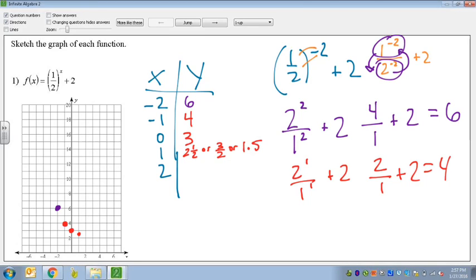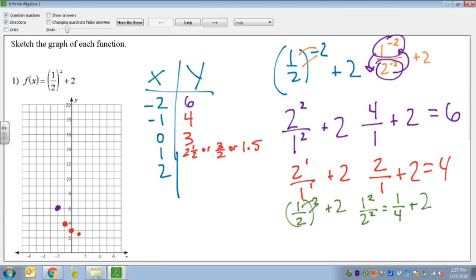And if you plug in 2, let's go ahead and do that together because, again, fractions and exponents are sometimes a little scary. All right, so we have 1/2 to the 2nd power. Same process, the exponent affects the 1 and the 2. So it'd be 1 squared over 2 squared, which equals 1 over 4, plus 2.